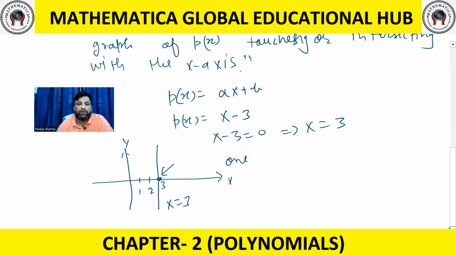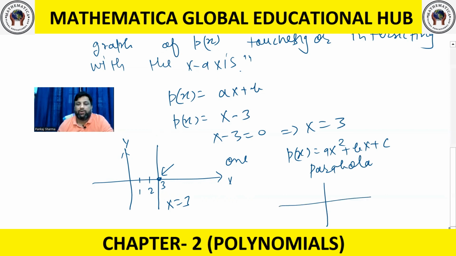Similarly, suppose I am talking about a quadratic polynomial. We know that ax square plus bx plus c is the standard form, and the graph of a quadratic polynomial is a parabola. Suppose the graph of a parabola is like this. This is the x-axis and this is the y-axis. The graph is touching the x-axis at 2 points, so there are 2 zeros.